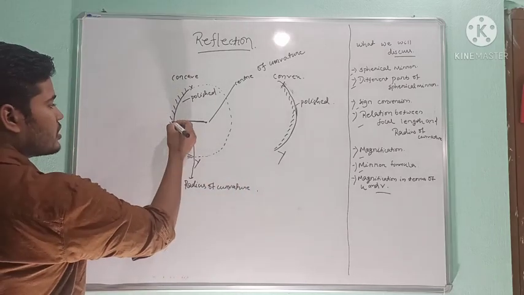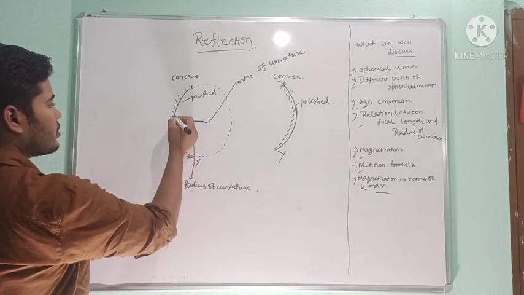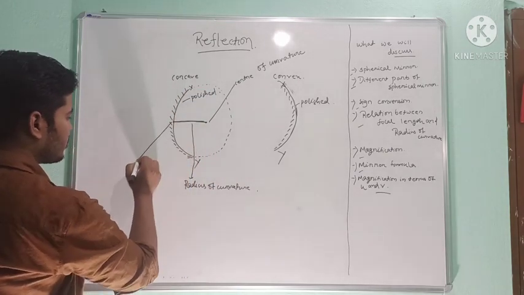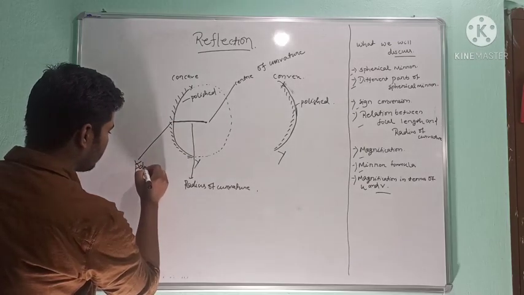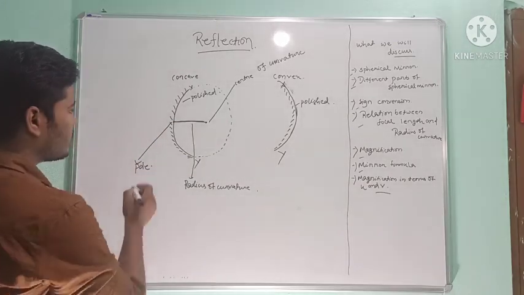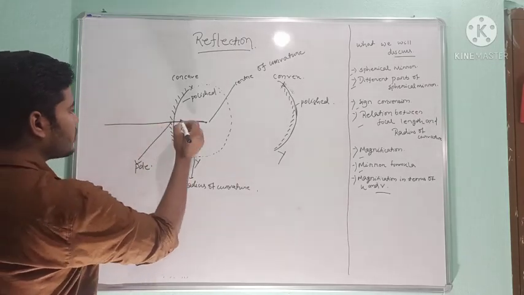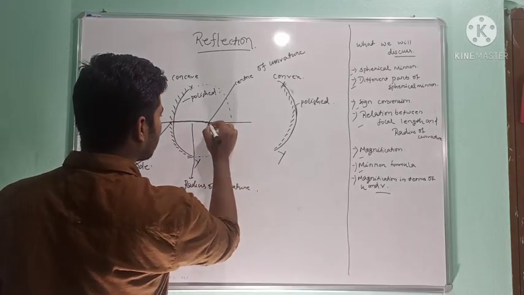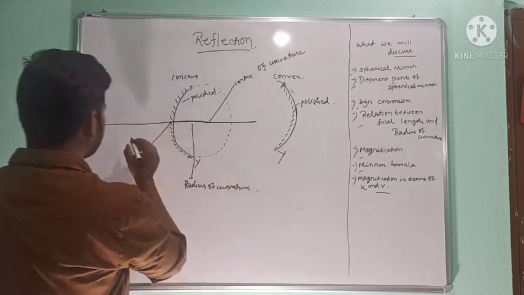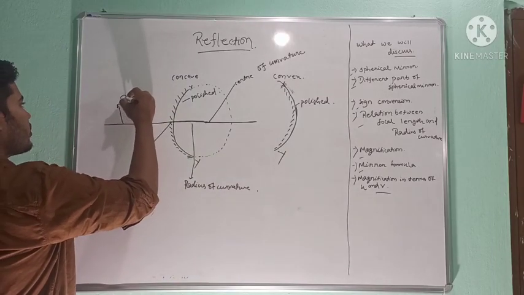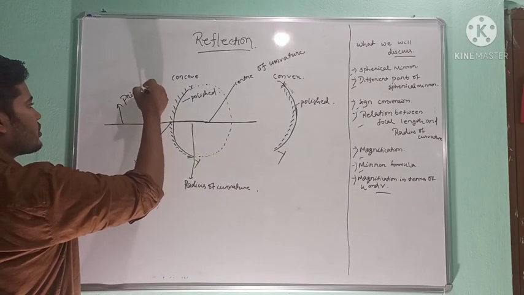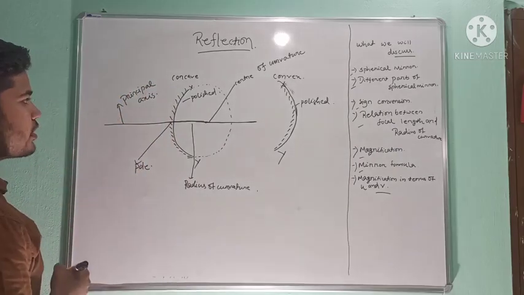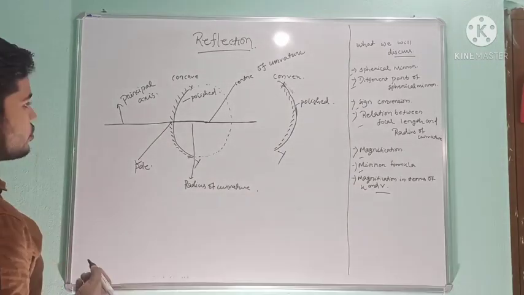Then this point, the middle part of the mirror, is named the pole. And the line joining the pole to the center of curvature, if we elongate it, is called the principal axis.